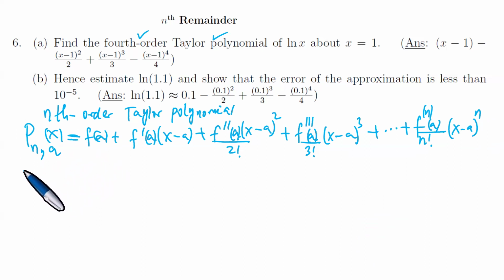So now, this is the formula for Taylor, the formula for the nth order Taylor polynomial for f at a.